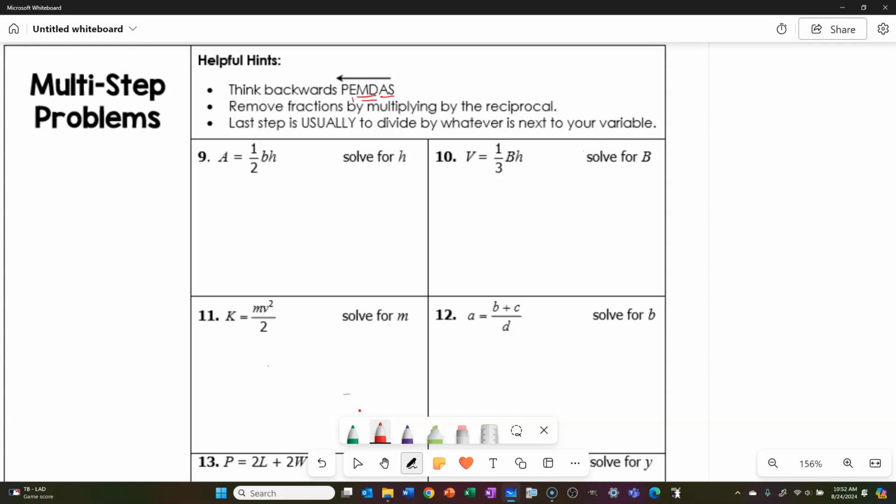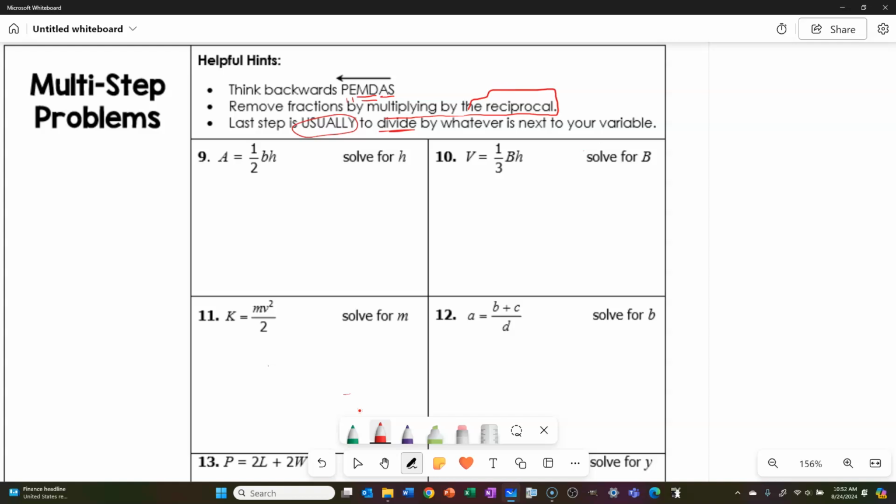Then if we have any exponents or parentheses, we'll finish up with those. Also, remember, we're going to remove fractions by multiplying by the reciprocal. And usually, the last step is to divide by whatever is right next to your variable.